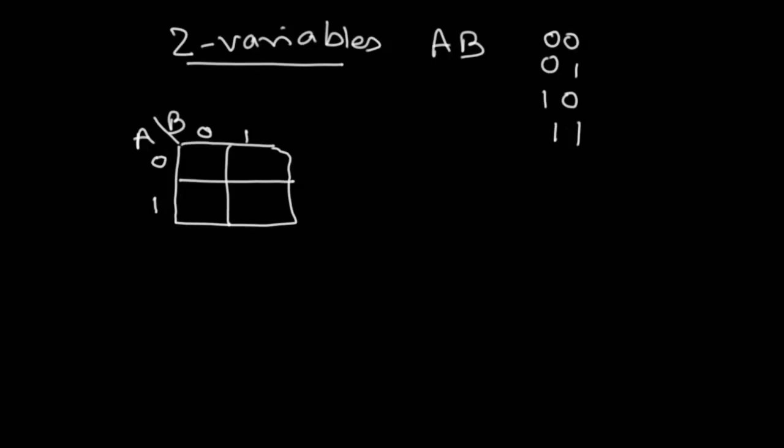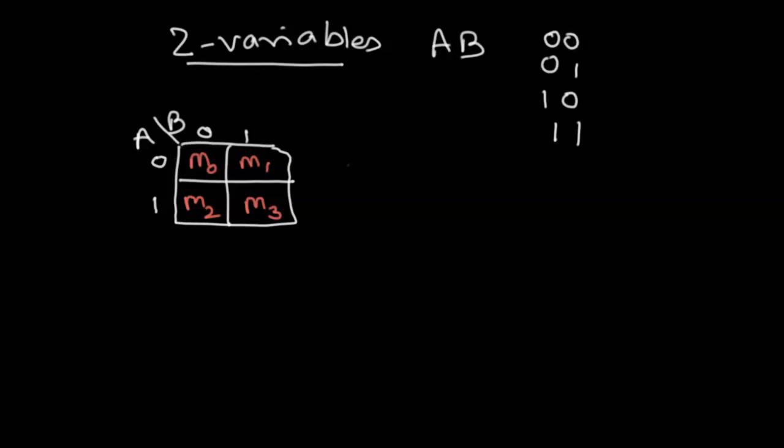Each cell gets combined. So it's 0 0, this is M0; 0 1, this is the first term M1; 1 0 is the second term M2; and this is my third term, 1 1. So this is how the K-map looks for 2 variables.